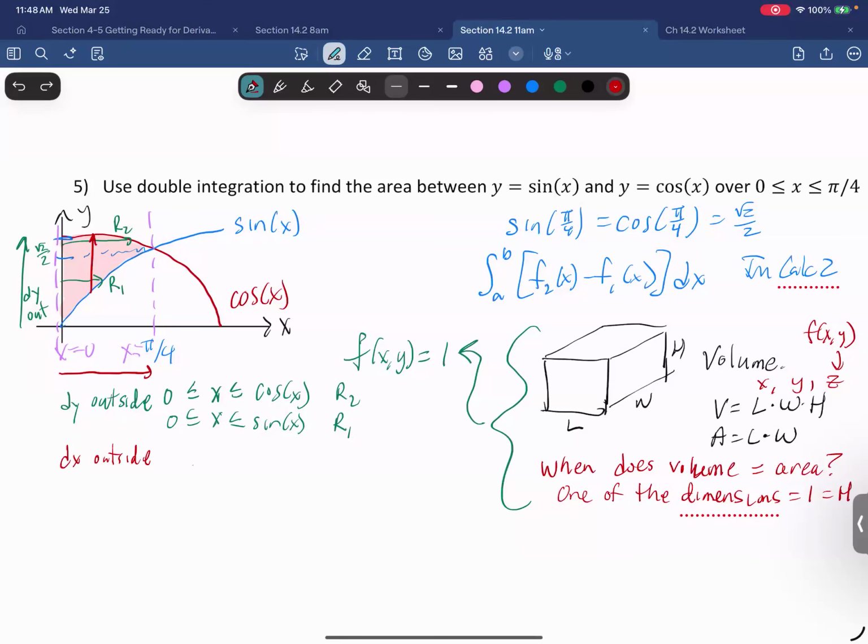And so here the lower line is sine x, which is less than or equal to y, which is less than or equal to the upper line, cosine x. And it looks like x is between 0 and pi over 4, which was given to us. So let's do dx on the outside.